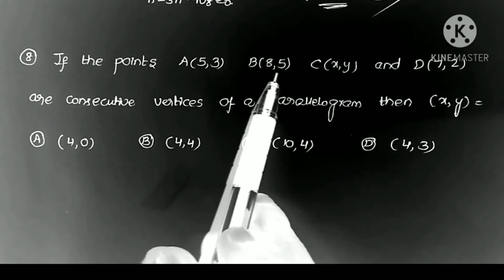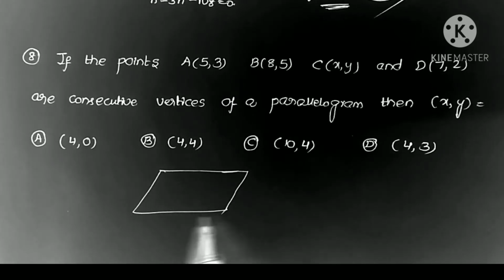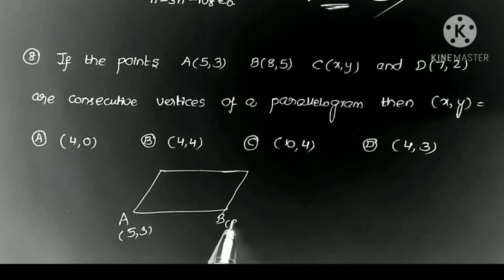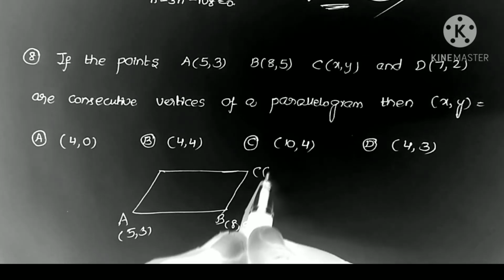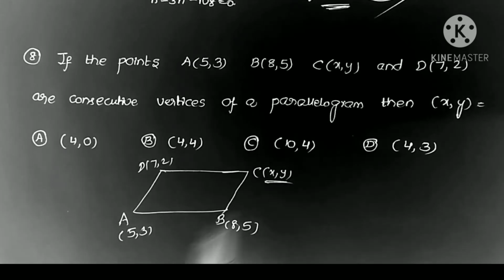If the points A, B, C, D are consecutive vertices of a parallelogram. So this is the given parallelogram. The vertices are A 5, 3, B 8, 5, C x, y, and D is 7, 2. Now what are the coordinates of C?